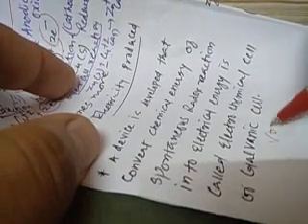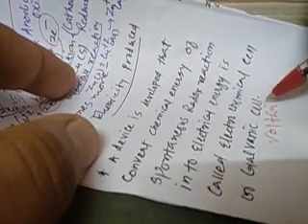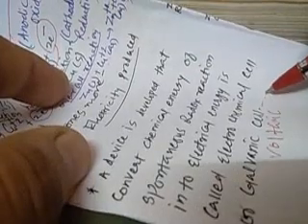Sometimes it is also known as a voltaic cell. So please remember this. Now we'll study it in detail: how it is formed and what the various things are that we need to keep in mind.